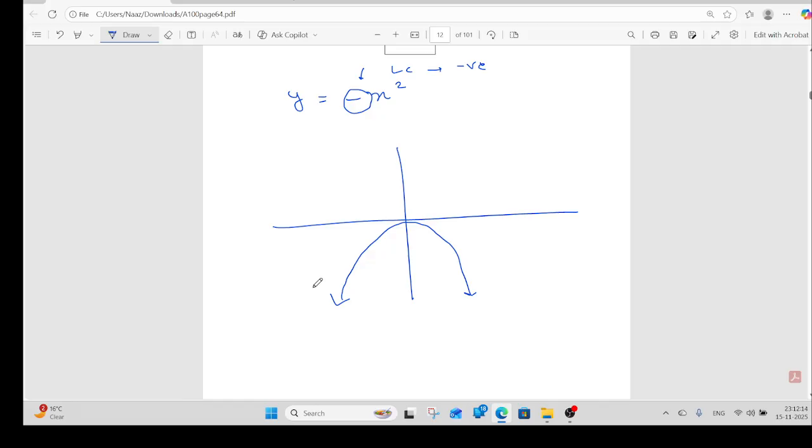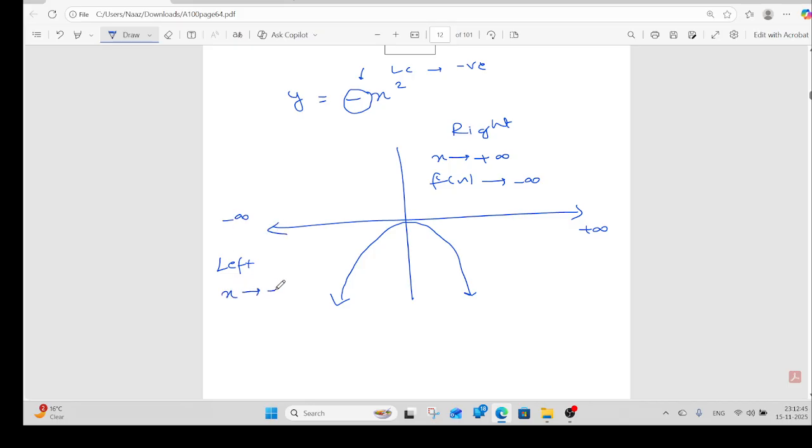And now again I can write my end behavior for this polynomial. As I go to the right side, towards positive infinity, x goes to positive infinity. As x goes to positive infinity, f(x) goes to negative infinity because it is going downward. Now if you check the left side end behavior, left means negative infinity.